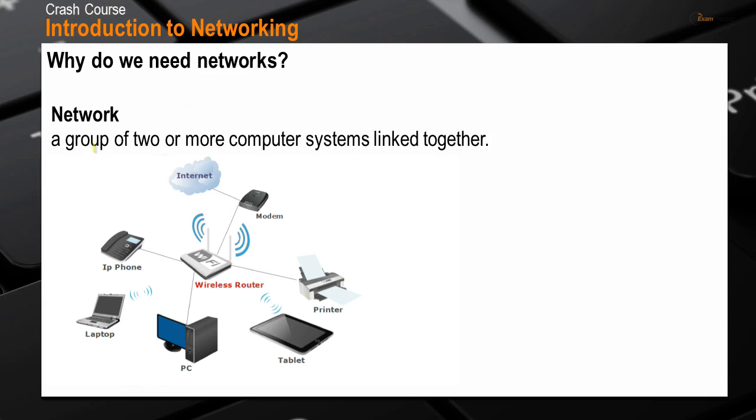What does it mean? It means that, for instance, if you're at home and you have a router, and they are linked, you have a router and then you have a laptop. What else? You can have another PC, maybe a phone.